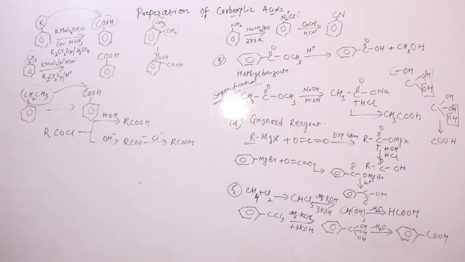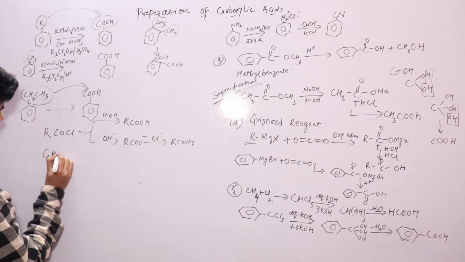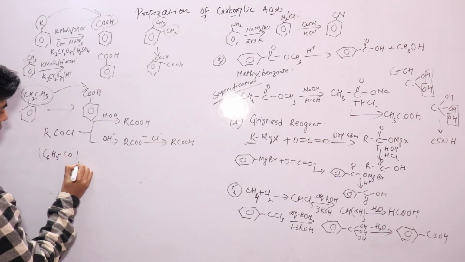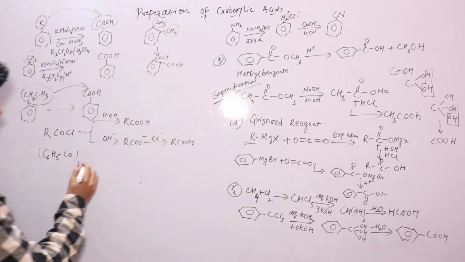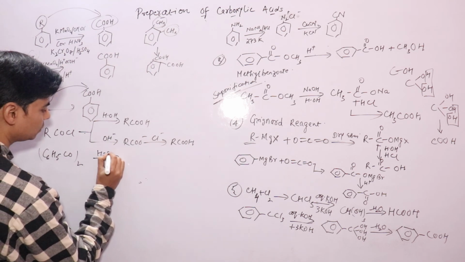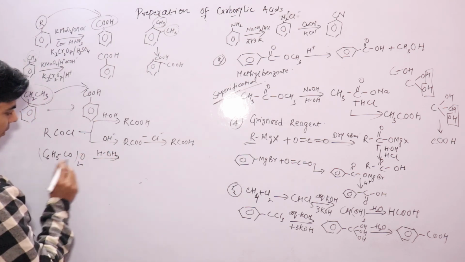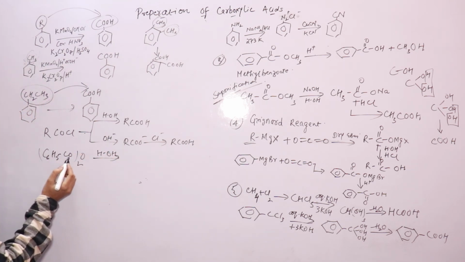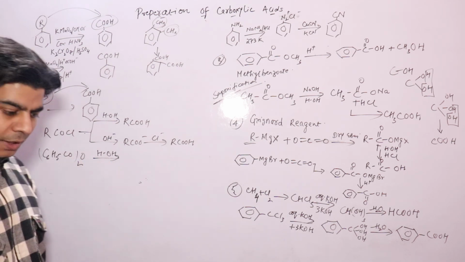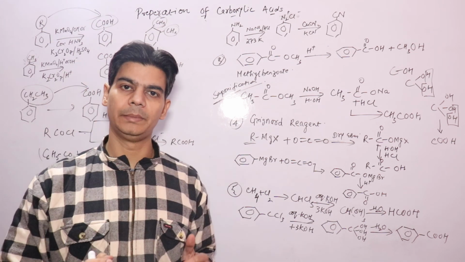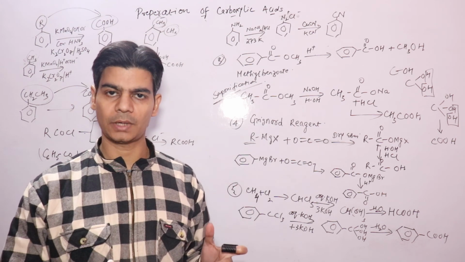So if you take the anhydride (C6H5CO)2O, it will form carboxylic acid on hydrolysis with water. Anhydride, you know, is obtained when a water molecule is eliminated from two molecules of carboxylic acid.